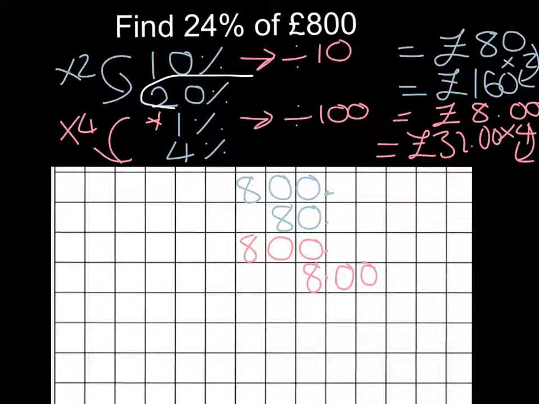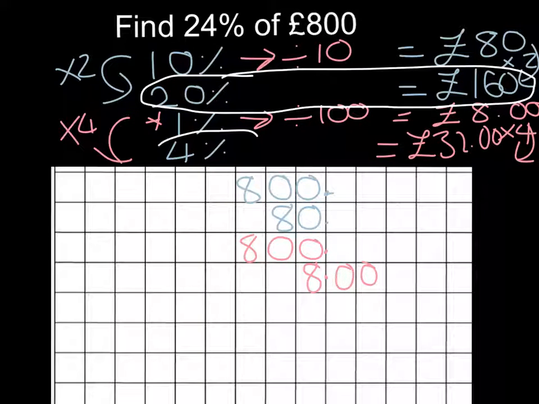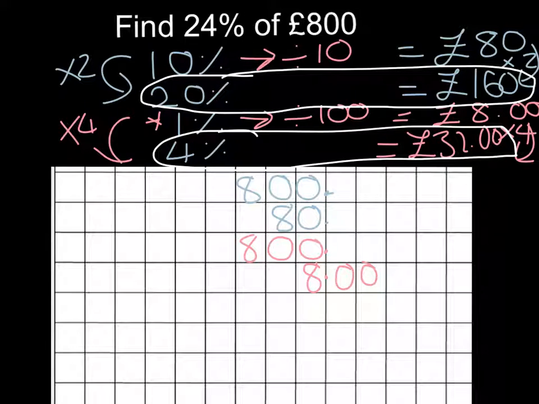Okay, your final thing to do then is work out which percentages you need to combine. So 20% is needed, so that was the 160, and 4%. So if we just work that out, you've got 20% equals £160, 4% equals £32.